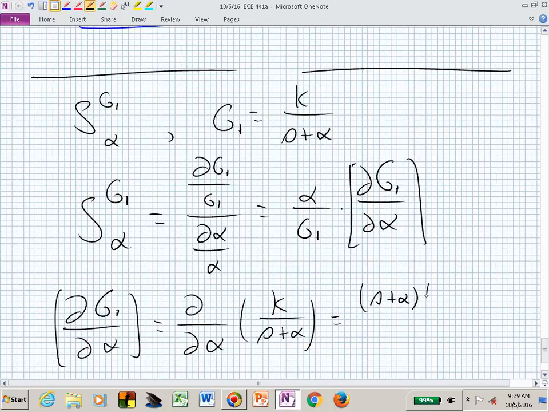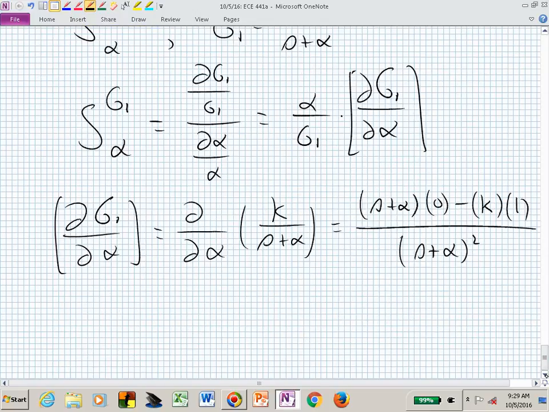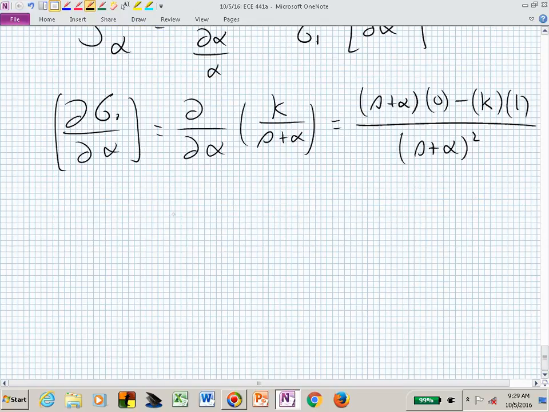Denominator times the derivative of the numerator with respect to alpha. What's K? That's 0. Minus the numerator times the partial of the denominator with respect to alpha, all over the denominator squared.